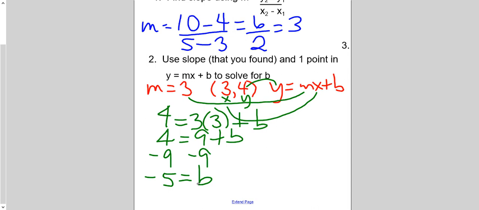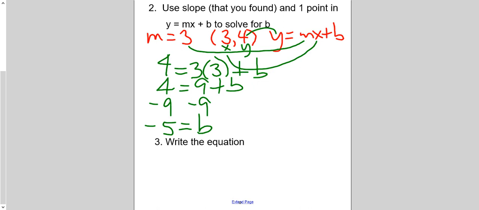That is awesome. Okay, we found our slope, we found our y-intercept. Our last step, of course, that we don't want to forget is we want to write the equation. Okay, so don't forget, after you've done all this hard work, you found your slope, you found your y-intercept, we need to go ahead and actually write the equation because that's what the question asked.